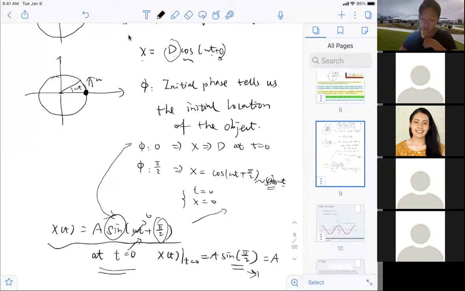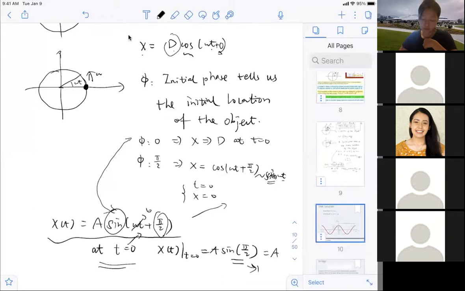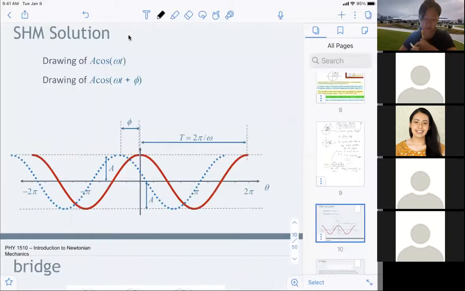So let's take a look at these two different graphs. We know how to draw the cosine function, right? That we all know how to draw. The cosine function will simply have, at t equals 0, a peak. At t equals 0, you should have your peak value here, and then you can draw the rest.